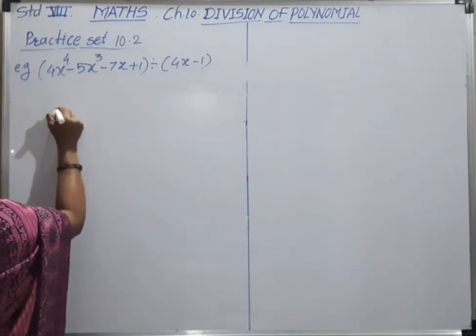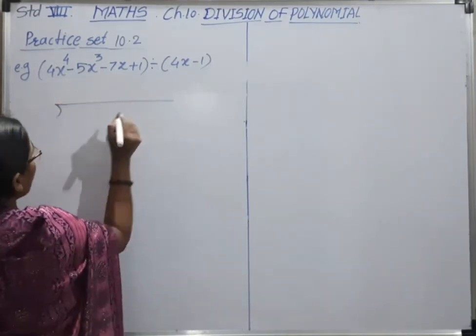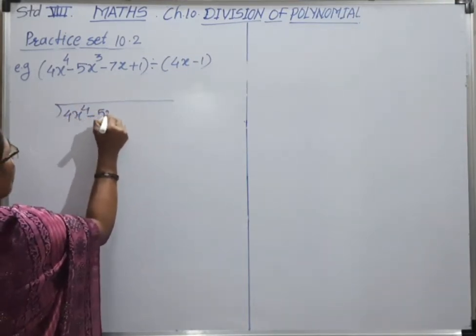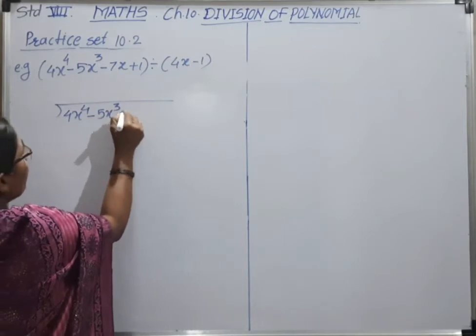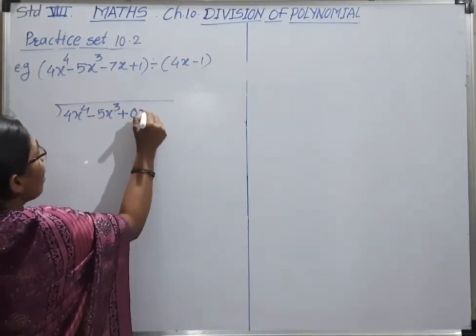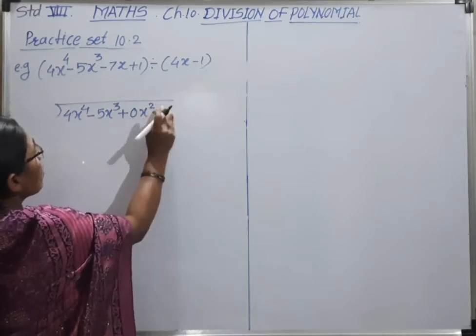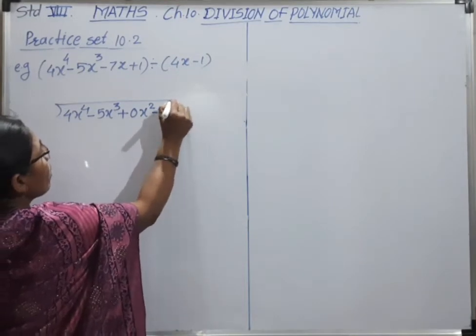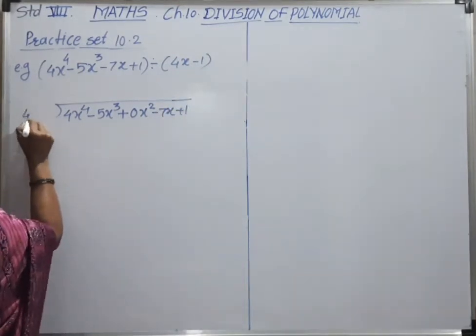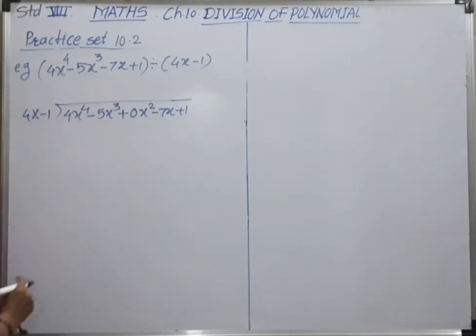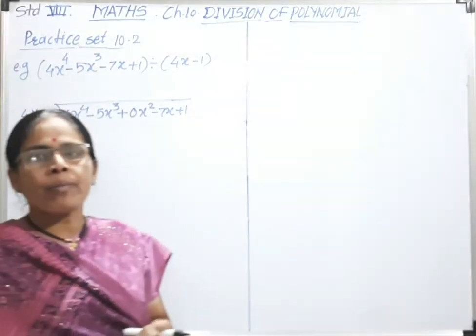How to write this? 4x raised to 4 minus 5x cube, then plus or minus, you can take minus also, no problem, 0x square, minus 7x plus 1 divided by 4x minus 1.